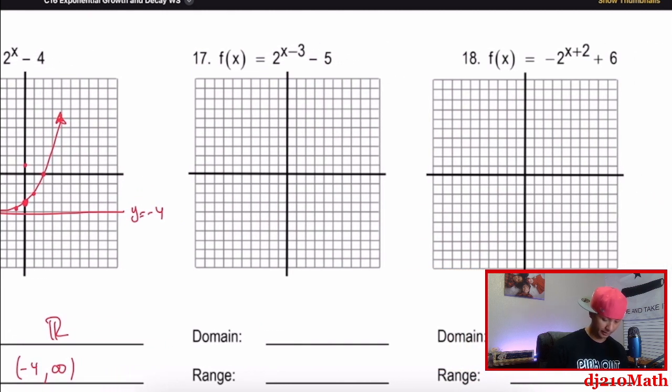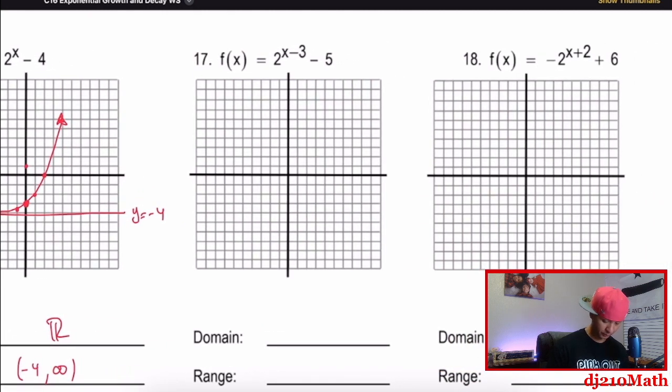Okay. -5. 1, 2, 3, 4, 5. And right 3. So normally we'd have 0, 1. Right. So we're going to go down 5 and right 3. 3, 4, 5. 1, 2, 3.